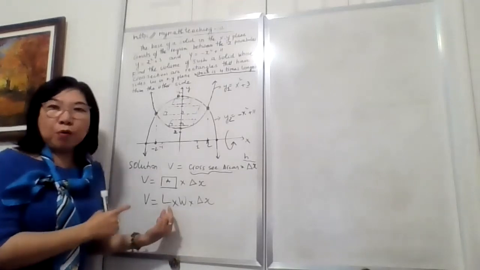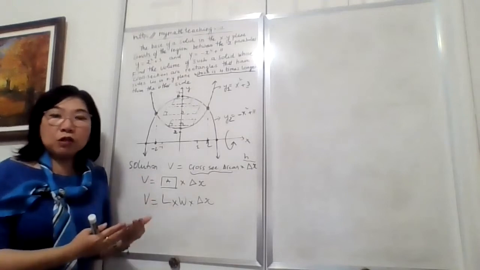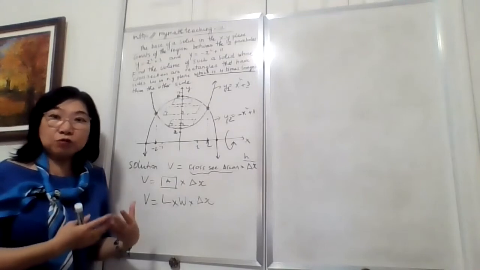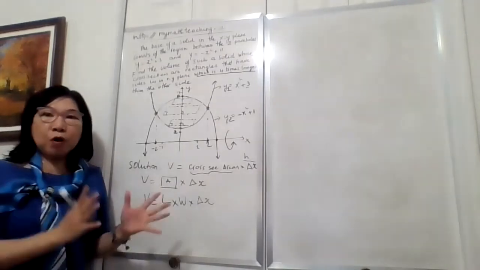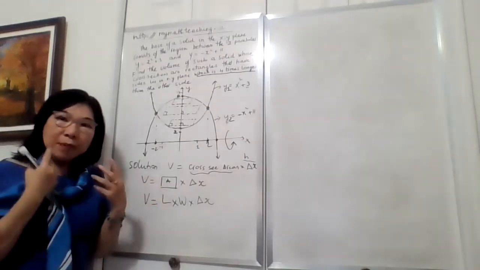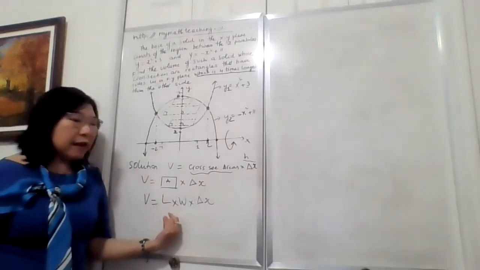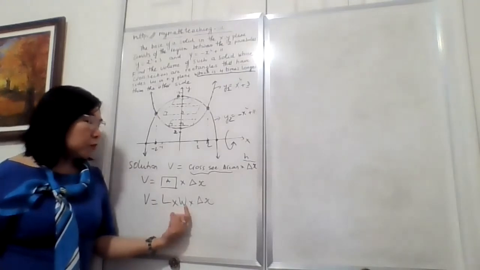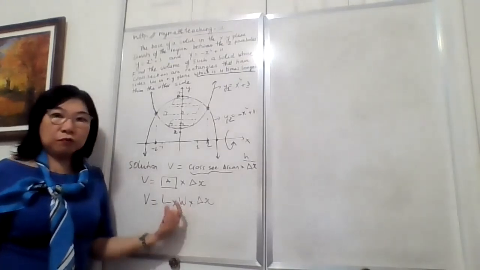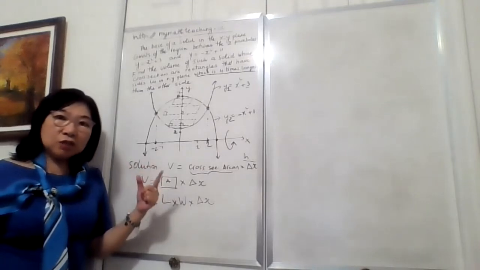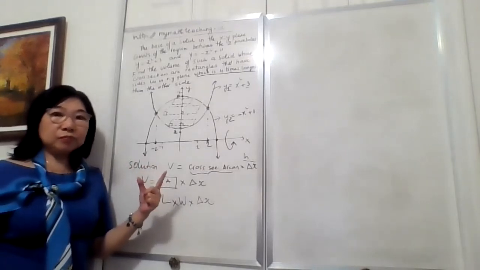So here is the key point of our volume of solid of revolution. We have to use our imagination a little bit to realize that the length and the width of our rectangle, which form its area, are changing objects.